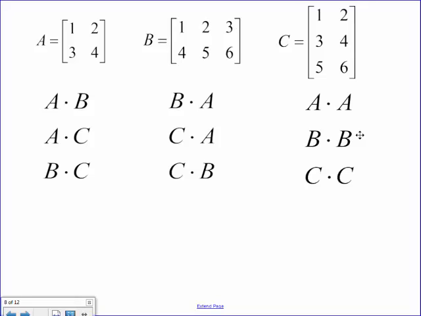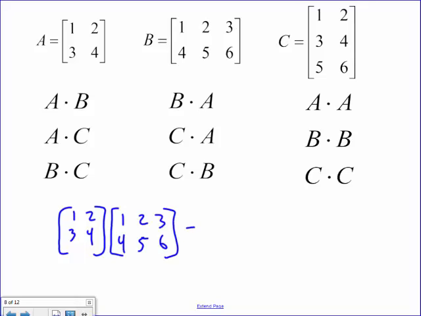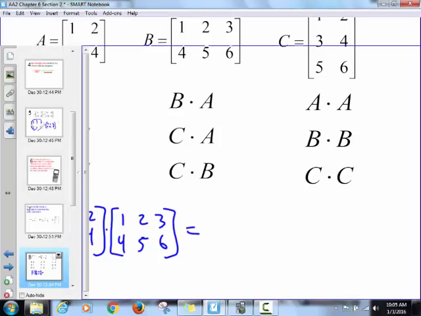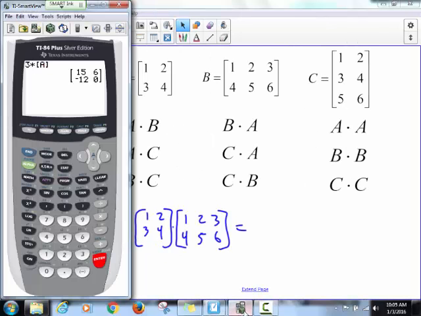That means I'm going to take 1, 3, 2, 4, and I'm multiplying it by 1, 2, 3, 4, 5, 6. When they're right next to each other, it means they're being multiplied. Does it look like it should be possible to do that? Some of you might think, well, they're not the same dimensions. Well, let's just test it. Let's try it on our calculator, and then we'll look at how it actually computes it mathematically.